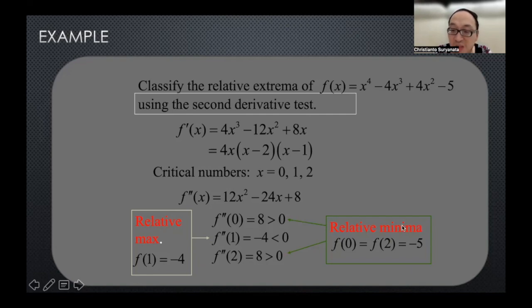So this is minimum, this is maximum, because the y value here is greater than the y values when x equals 0 and x equals 2. So from the second derivative, we can check the minimum and maximum. It will be maximum when x equals 0 and x equals 2, and minimum when x equals 1.